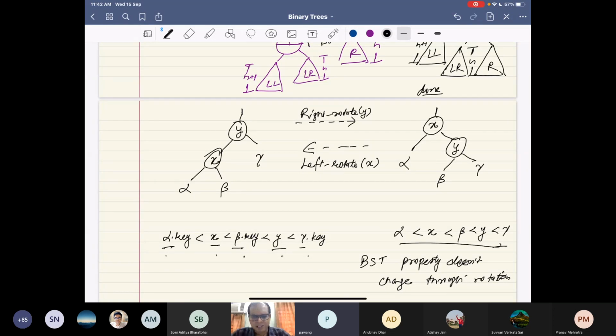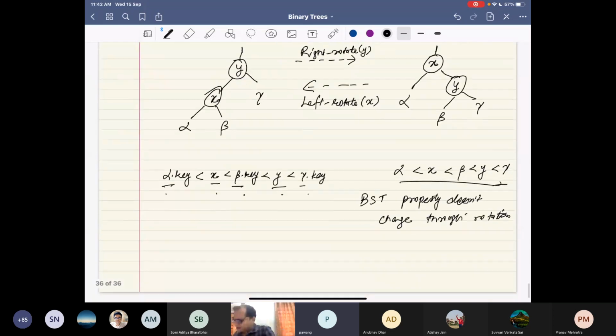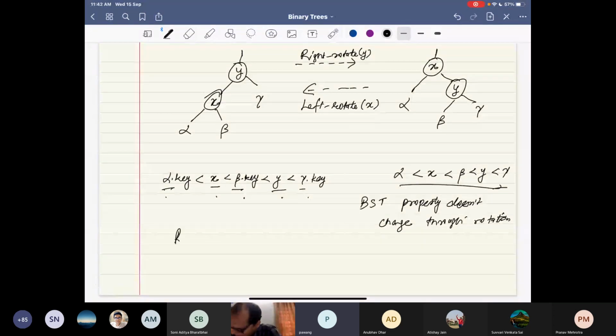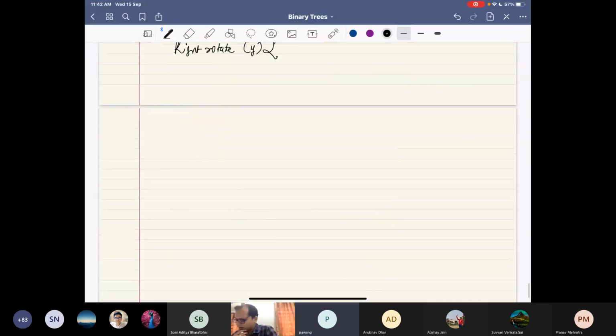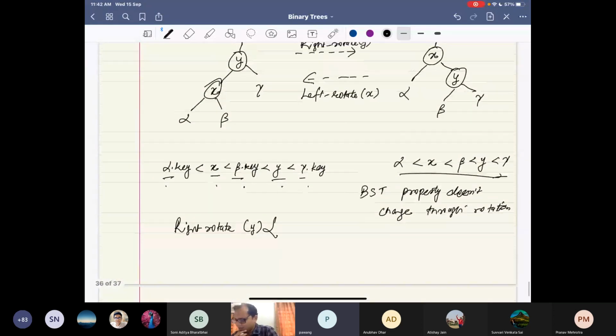How much time will this rotation take? What am I doing actually when I'm doing this rotation? Suppose I have to do this, right rotate y. What will I have to do? Let me write a pseudocode.